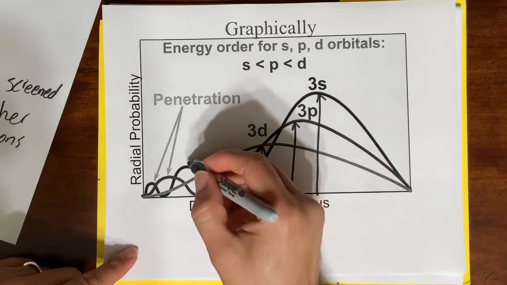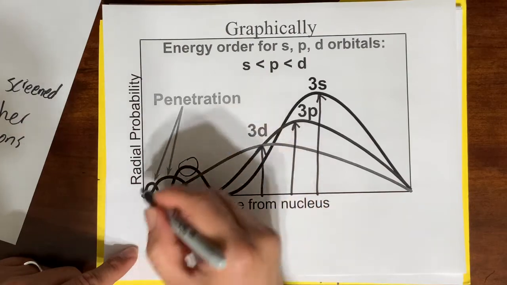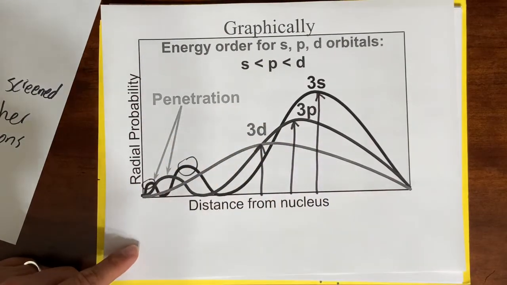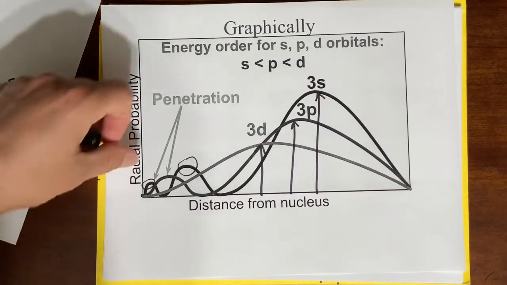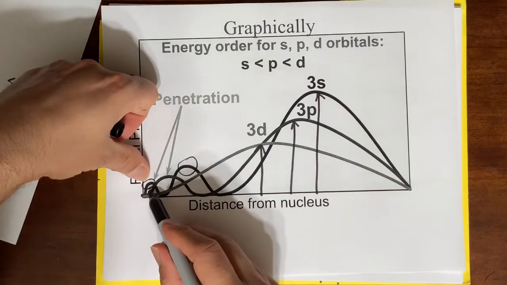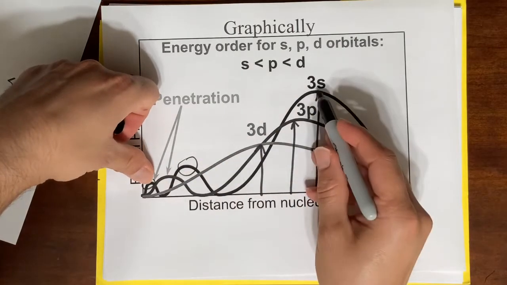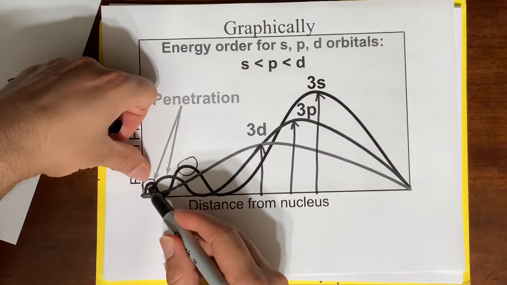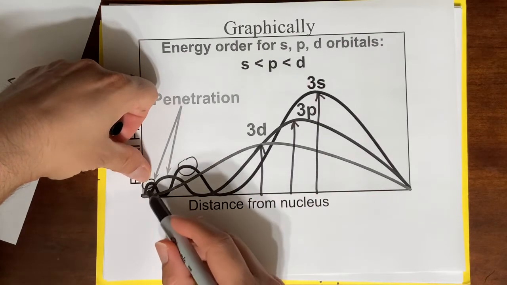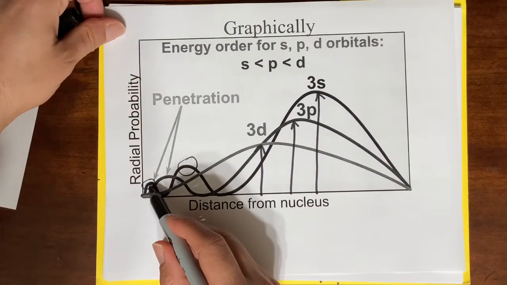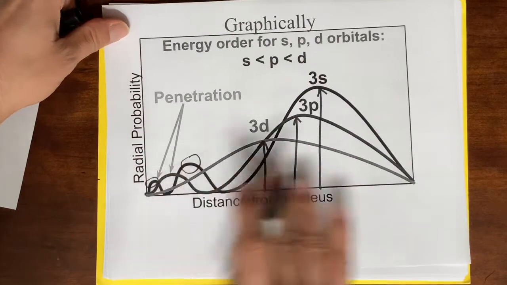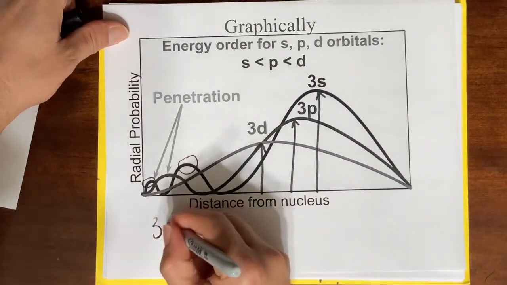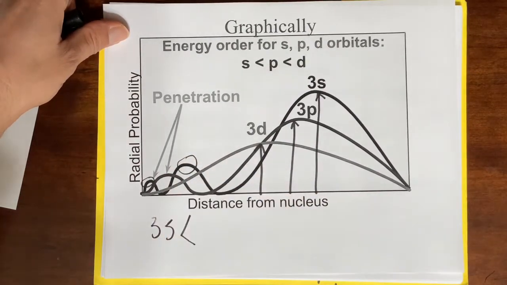Look at the 3s. For 3s, we have this bump, that's the second one. The first bump belongs to the 3s orbital and is the closest bump to the nucleus. And because of this tiny one, the 3s orbital will be the lowest in energy.